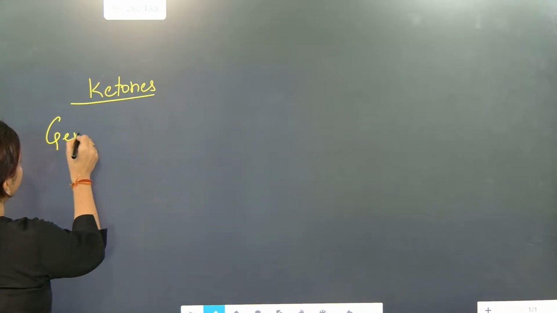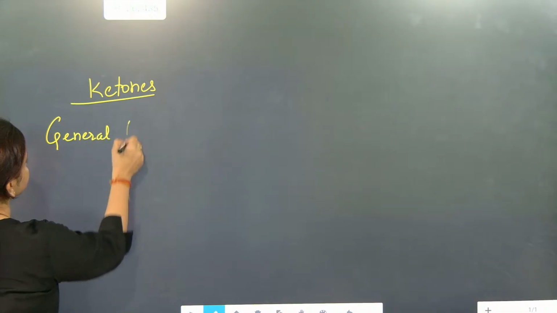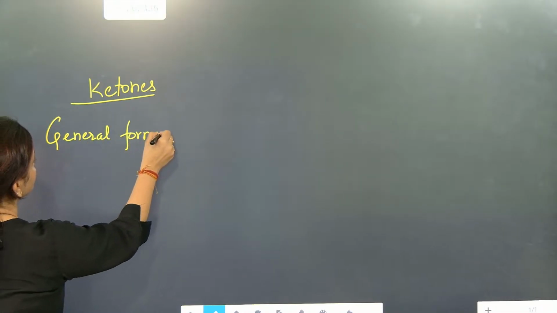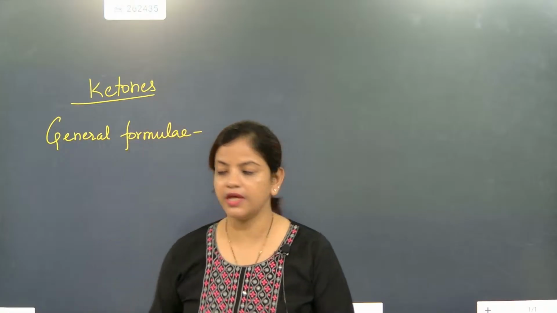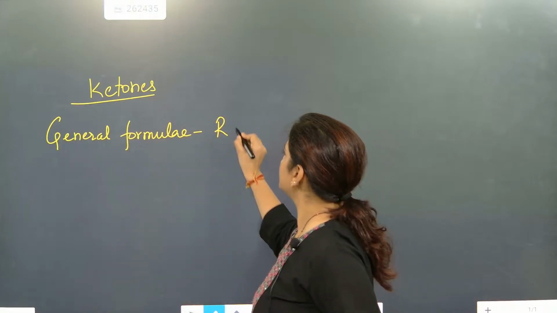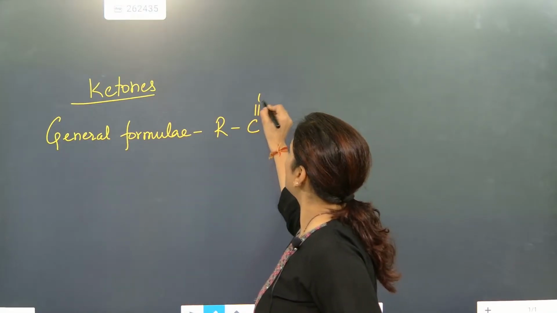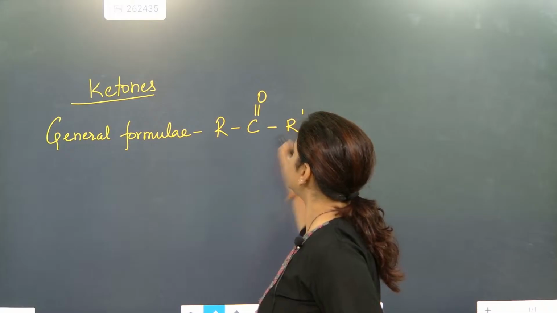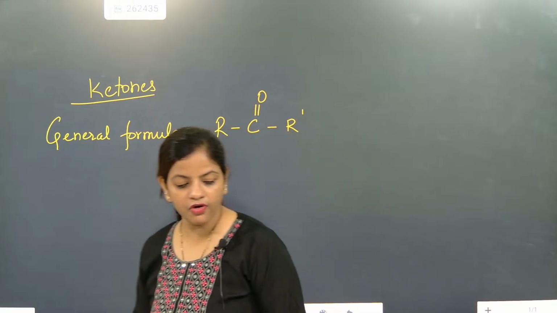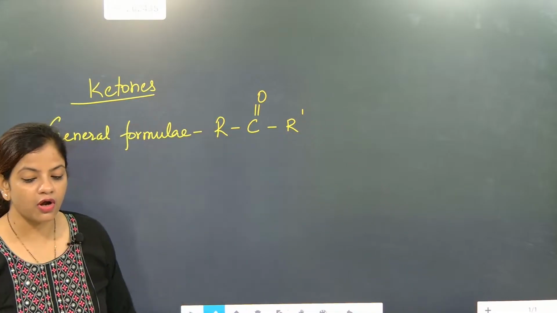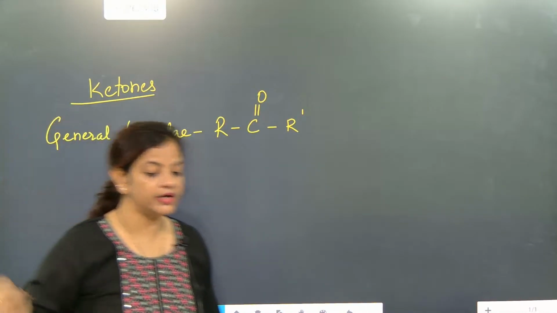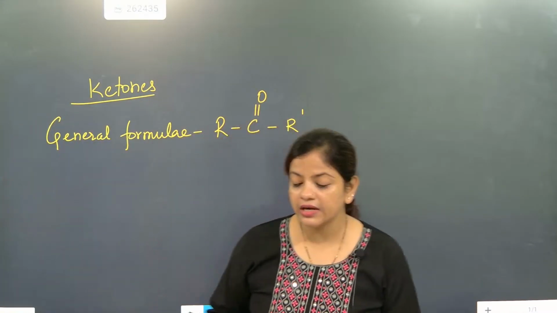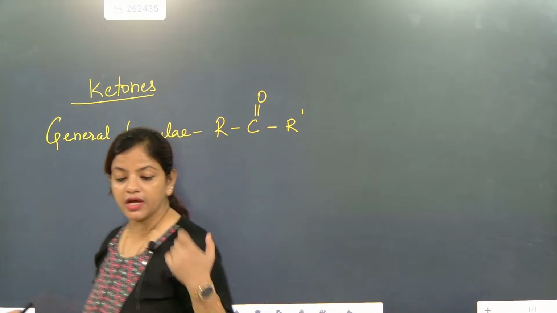So what is the general formula for ketone? The general formula for ketone is R C O R dash, where R and R dash are two different alkyl groups.